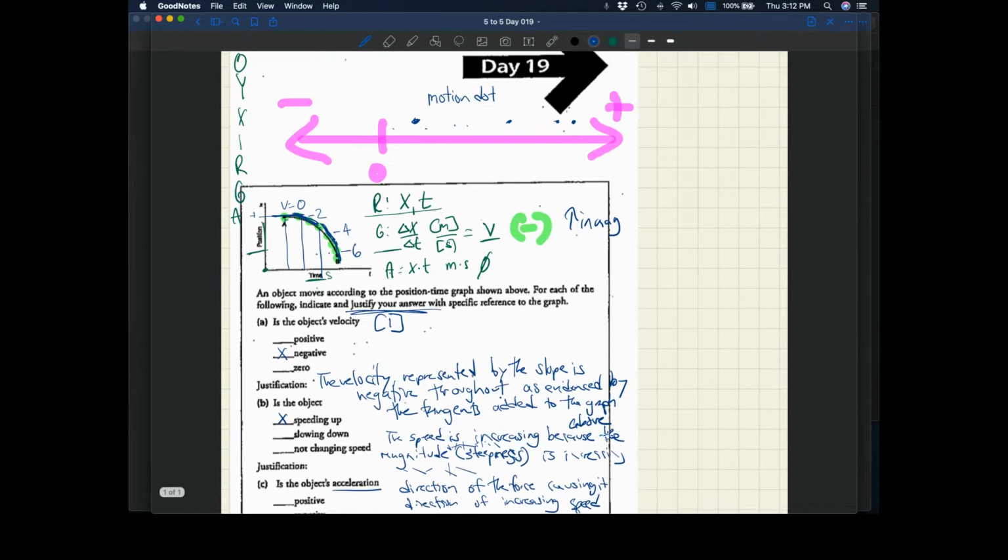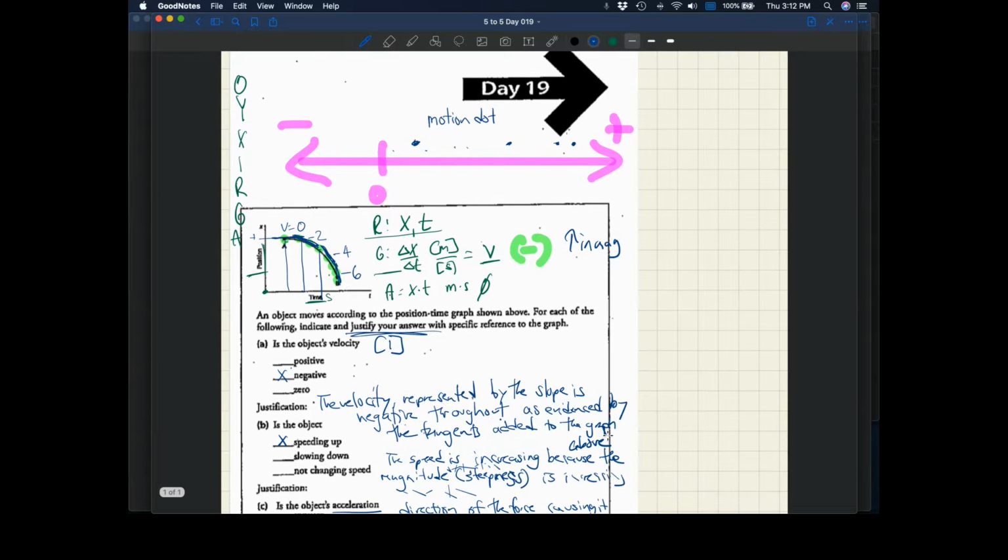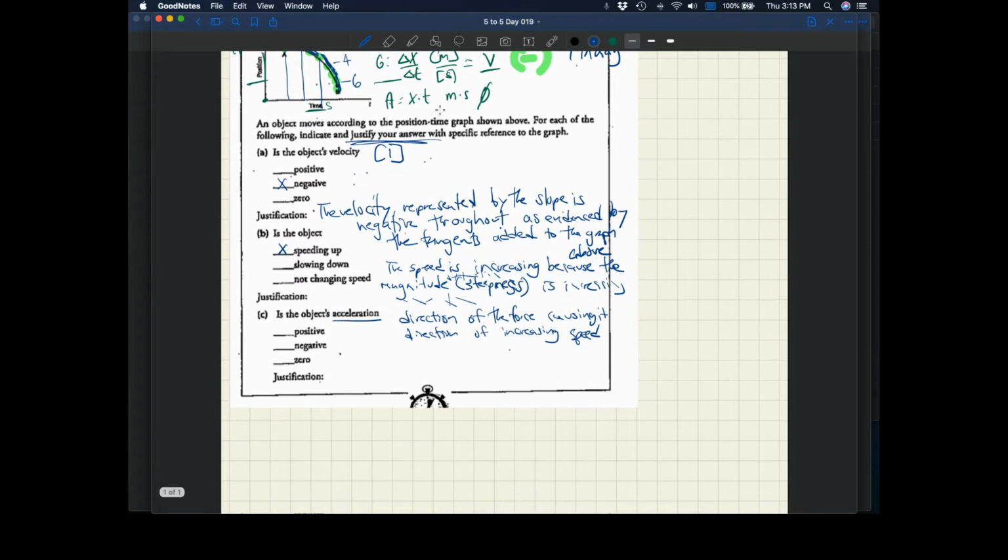Now, if we go back and look at our motion dot diagram up here, if you imagine some force, let's say there's a person here exerting a force causing this object to behave this way, is that person exerting a force to the negative direction or to the positive direction? Well, very clearly we could see this person would be pulling on it, causing it to speed up. So we know the acceleration is negative.